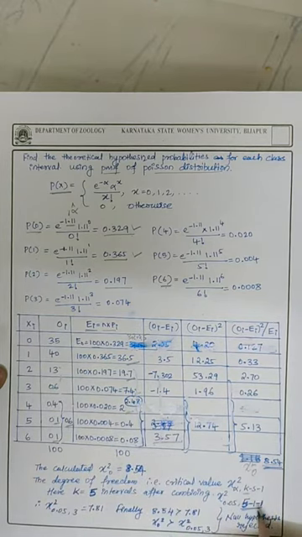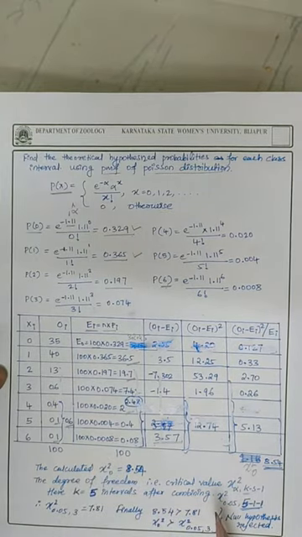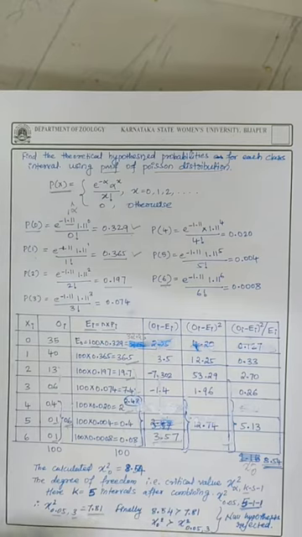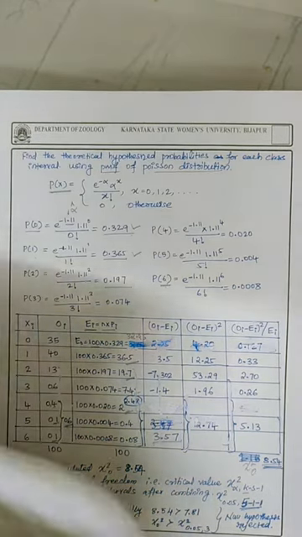Minus s, the number of parameters. How many parameters are related to the Poisson distribution? Only one parameter, alpha. Then minus 1. Therefore chi-square 0.05, 3 is obtained from the table in the book.